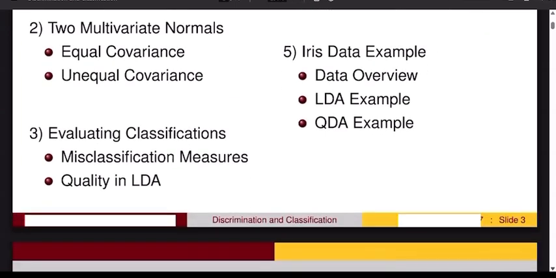After that, I'm going to walk you through how we know if the model that we are using to classify has done a great job. That's what we call evaluating the classification. So I'm going to walk you through some misclassification measures. And after that, I'm going to go into what we call the LDA. The LDA is one of the classifiers. We call that linear discriminant analysis.